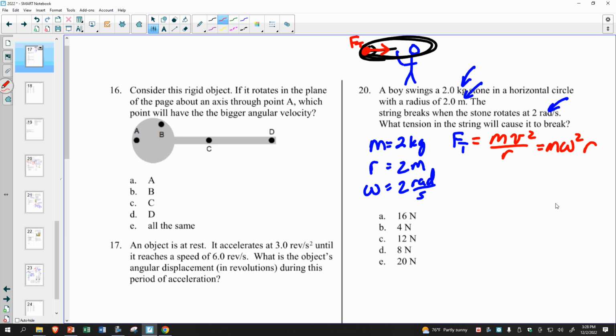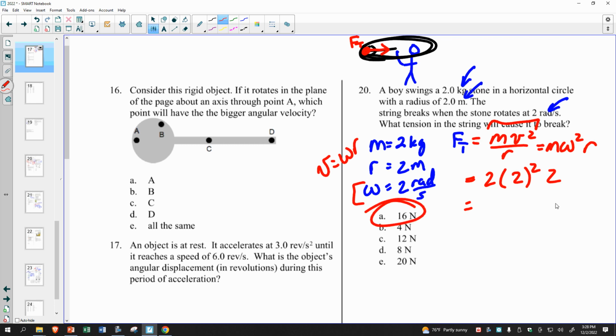I say omega squared because I'm given omega. Of course, you could figure out what v is. v is equal to omega r, and then you could use this equation, but it's easier just to take that second one. And so then my tension is m, that's 2, times omega, which is 2 squared, times the radius. Oh, they're all 2. So 2 times 4 is 8 times 2 is 16 newtons.